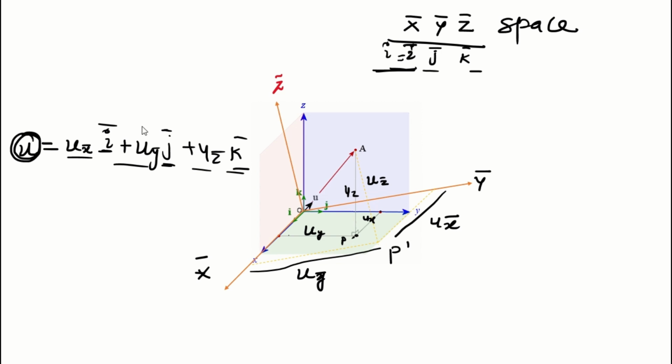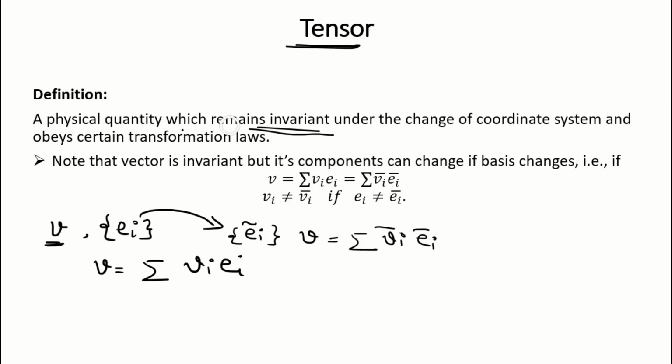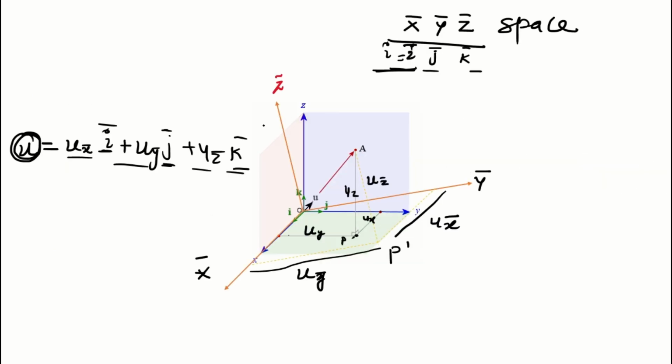A tensor is a physical quantity which remains invariant. From this example you can easily see that the tensor remains invariant. A vector is also an example of a tensor, a tensor of rank 1. It remains invariant, but its components and basis vectors have changed.